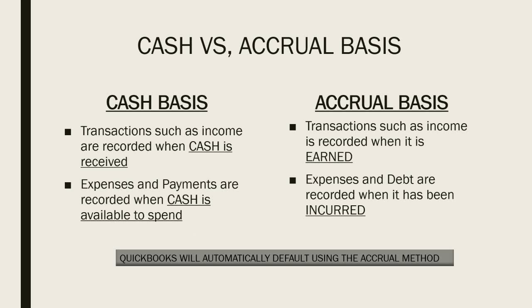And for QuickBooks, it's going to automatically start your QuickBooks as an accrual basis type of accounting. Okay? So it's going to automatically assume that you're going to collect the sales regardless whether you got paid or not. Okay? Automatic. You do need to toggle this, which I do show you in chapter 7. Okay?